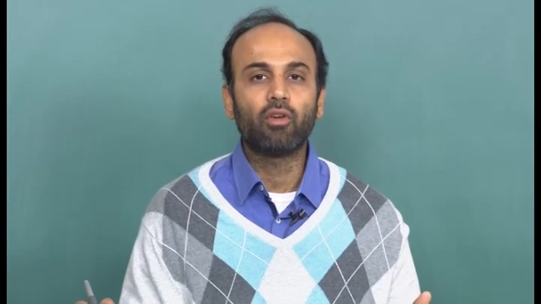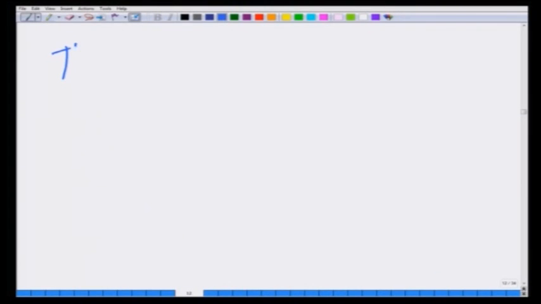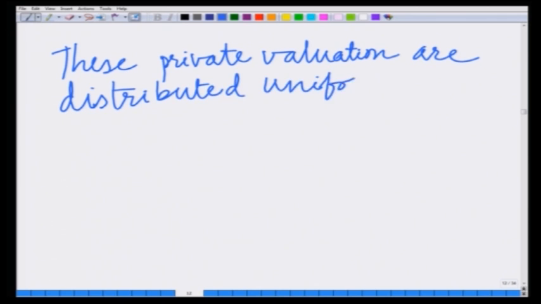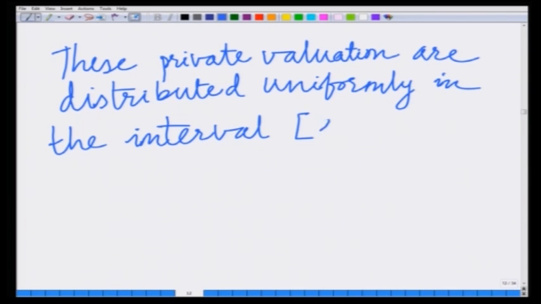For instance, let us say that these private valuations are distributed uniformly in the interval 0 to 1.